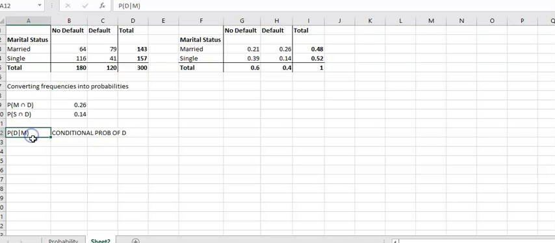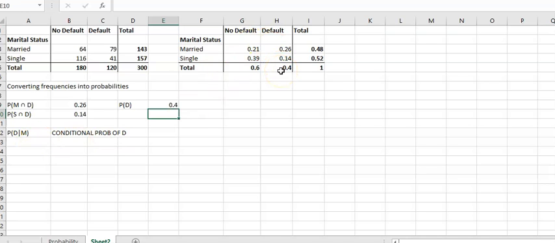And if this probability is different from the probability of defaulting, which is given by 0.4, then we can say that events M and D are dependent on each other. So let's calculate the conditional probability of D given that M is known.